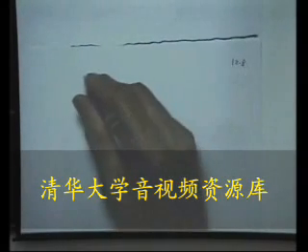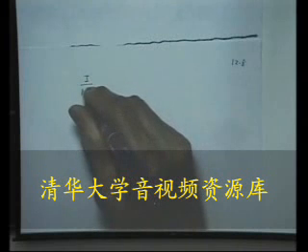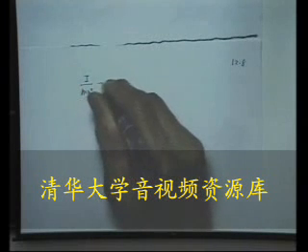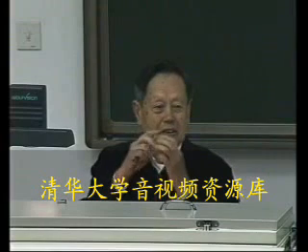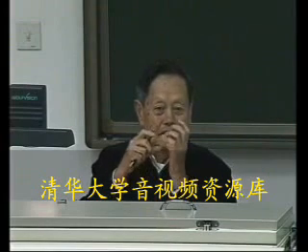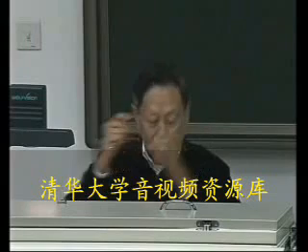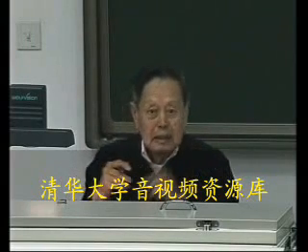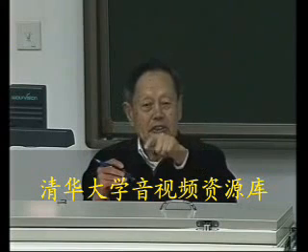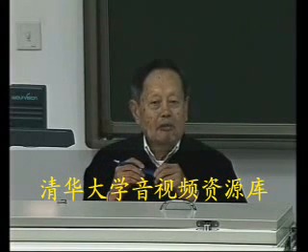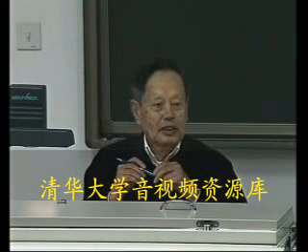Now, what is the I over mr squared? We are now analyzing the body. If the body is just a thin ring, then the moment of inertia is equal to the sum of m times the distance squared.